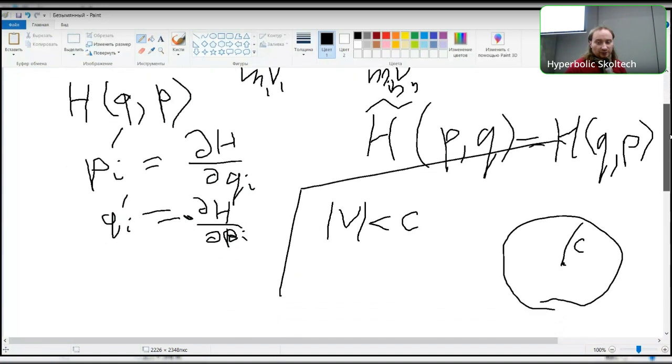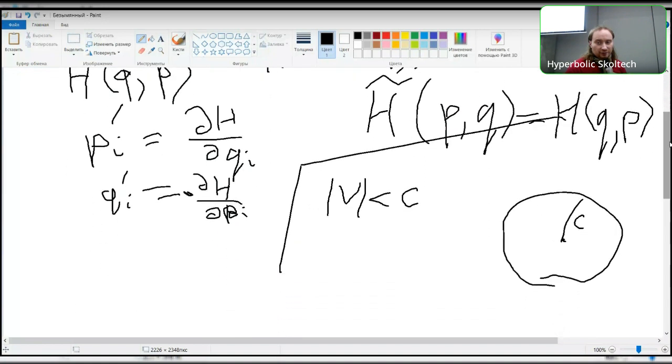And yeah, this is roughly a formulation of special relativity theory, very roughly actually. So probably we can watch several videos about it.